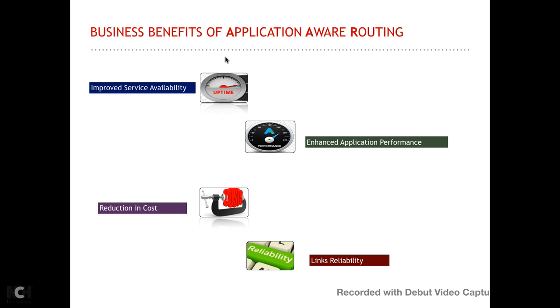So these are the direct business benefits running on top of the technology called SD-WAN, under which application aware routing is one of the key pillars, helping to keep your mission critical applications safe on any transport medium, even a commodity-based one, while achieving all these four major business benefits.